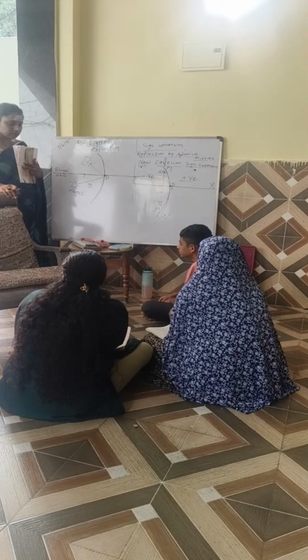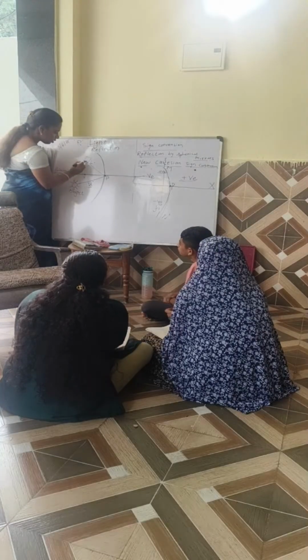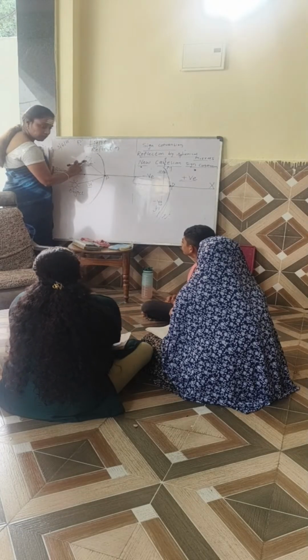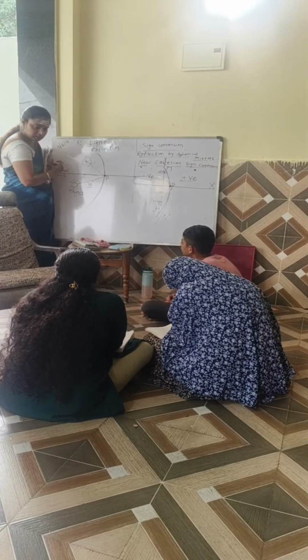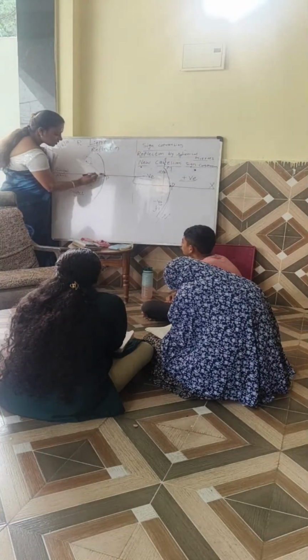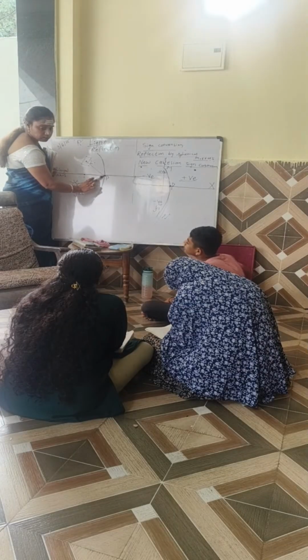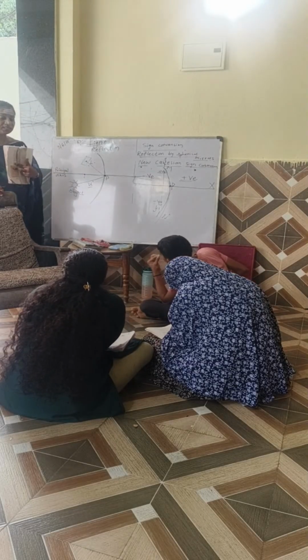That point-sized spot is called the image. The sun is appearing on the sheet as one dot. Whatever the distance between the image and the pole, this distance is called the image distance.